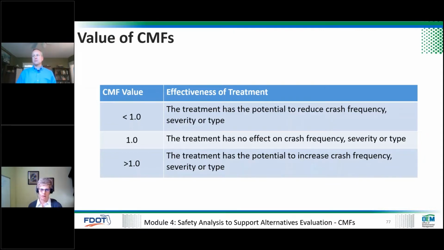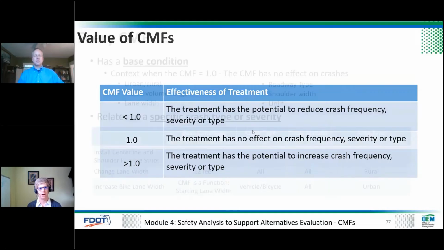If it's greater than 1, that means crashes would go up if you did the treatment. Most CMFs will have different values for different crash types or severities. There are cases where the treatment might drive up PDO crashes and reduce angle crashes. So be aware of that.